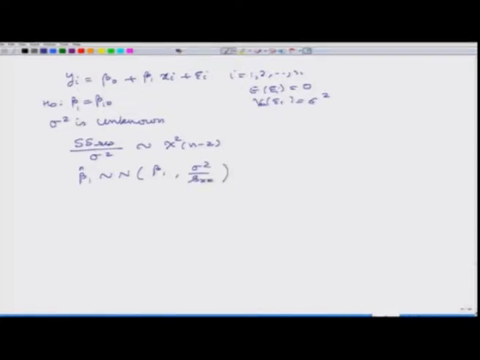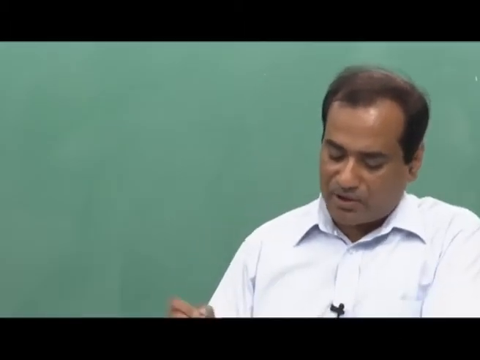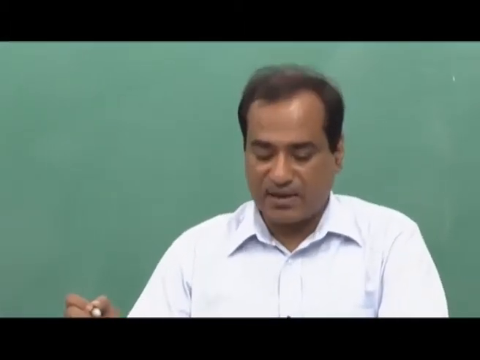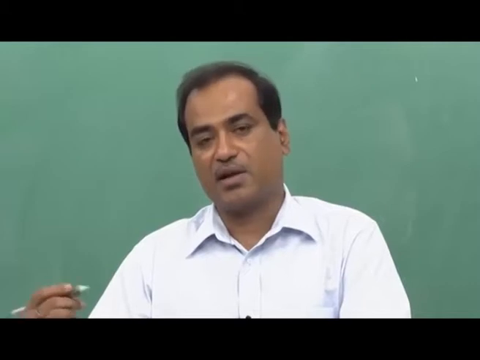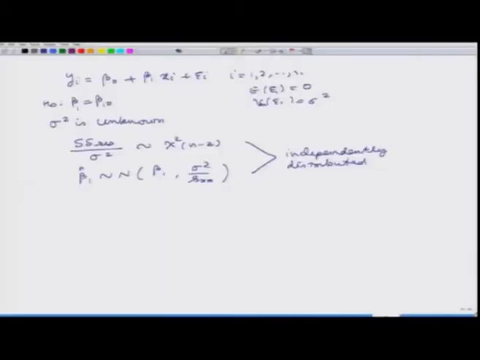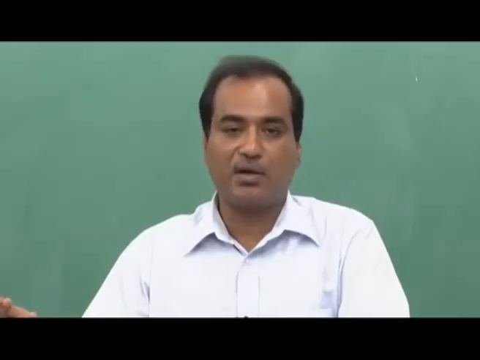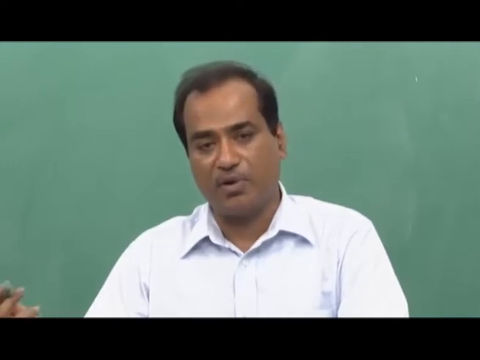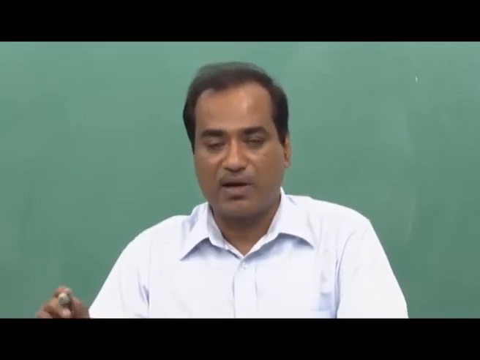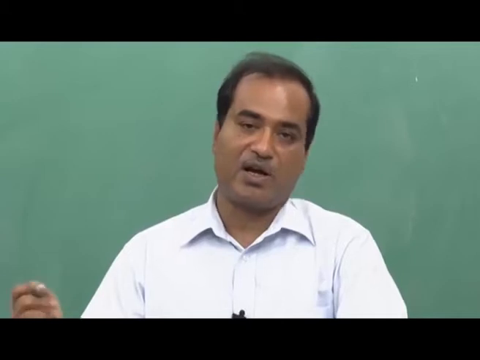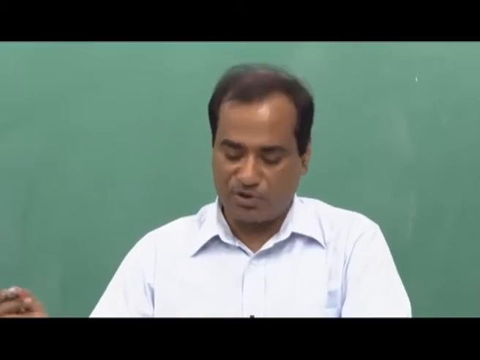And we can also prove that these two are independently distributed. Now I can use a result from statistical inference: if x is a random variable following a chi-square distribution with n degrees of freedom and y is another random variable following a normal distribution, then y divided by the square root of x by n follows a t distribution.